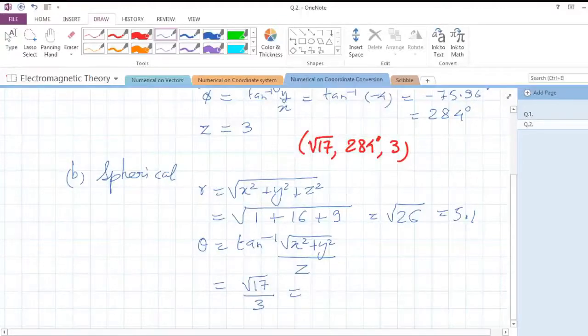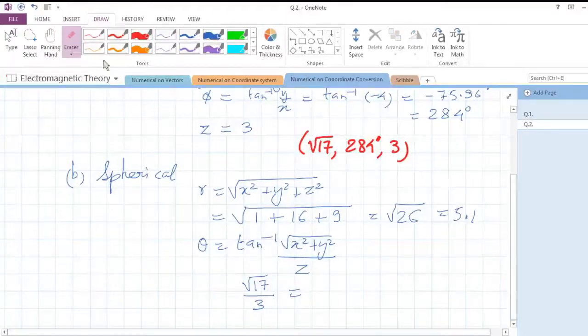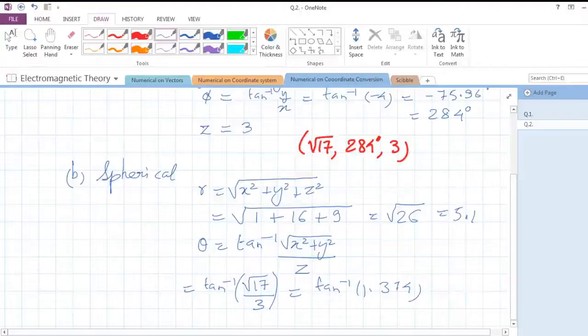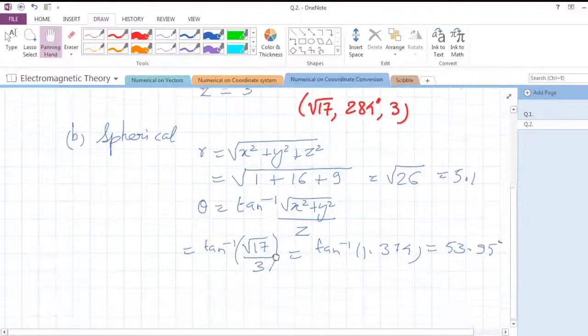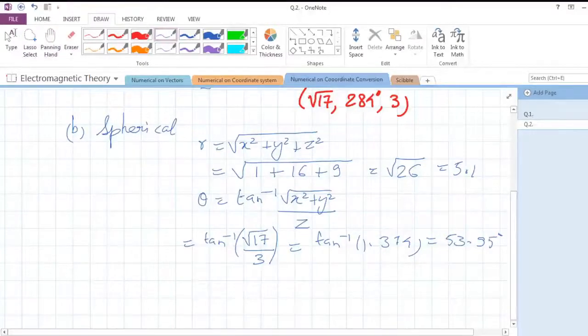So I'll first write tan inverse of this. It is tan inverse of under root 17 by 3, and the answer would be tan inverse of 1.374, which is equal to 53.95 degrees.